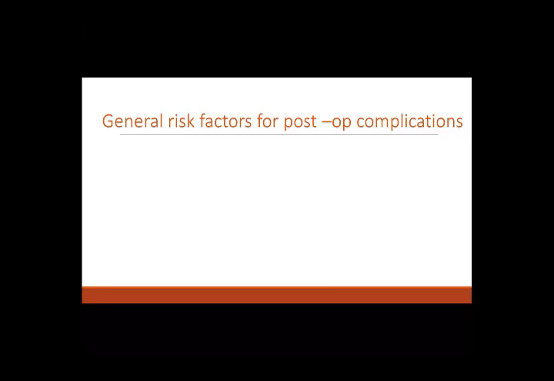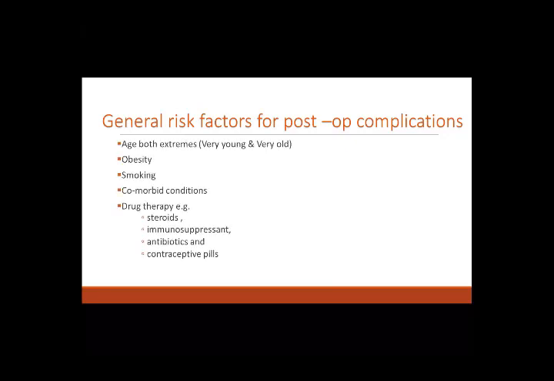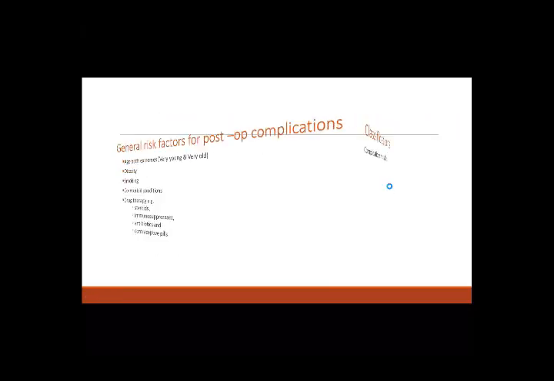General risk factors for post-op complications, like most risk factors for everything, involve the extremes of ages, obesity, smoking, comorbid conditions like diabetes and other metabolic conditions. Also drug therapy like steroids, immunosuppressants, antibiotics, the contraceptive pill, and so on.